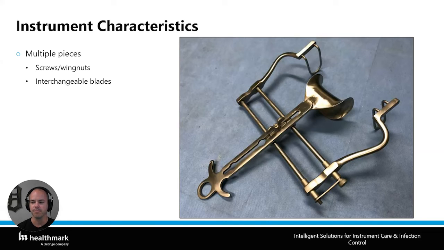But if you're one of those facilities that puts this retractor blade here on there prior to sterilization, it's going to be really important that you know which direction these go into. Sometimes I see this one facing the opposite direction, or maybe this blade over here is facing the opposite direction. So you need to know how these pieces are meant to be orientated when you put them together.